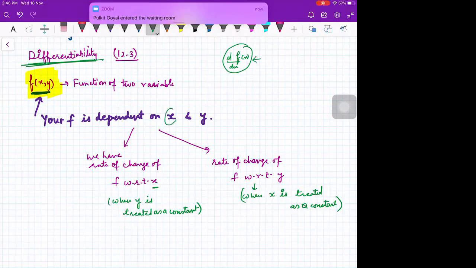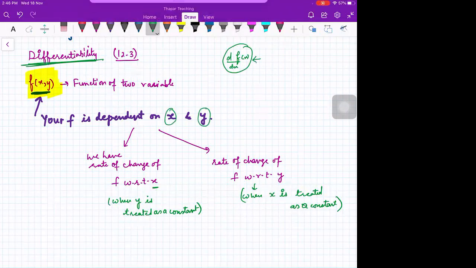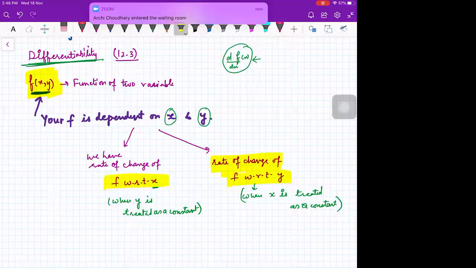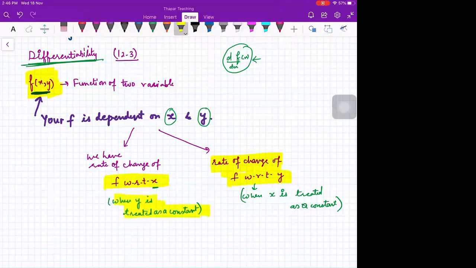Now because we have two variables, x and y, we will have the rate of change of f with respect to x as well as with respect to y. Rate of change of f with respect to x means you are treating y as a constant, and with respect to y means you are treating x as a constant. Right? Now let us see the definition.